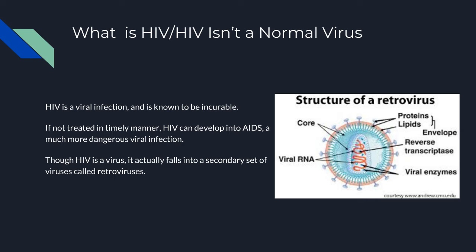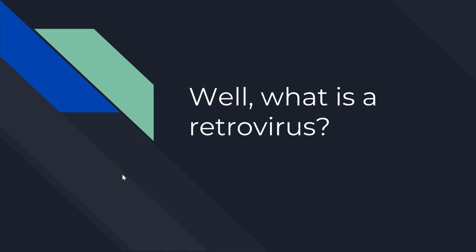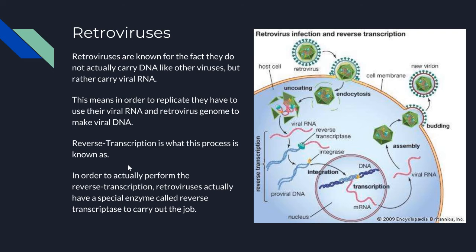Though yes, it is a virus, it actually falls into a secondary set of viruses called retroviruses. Now that I say that, you may be wondering, well, what is a retrovirus? Retroviruses are actually a secondary set of viruses that carry RNA rather than the DNA that most viruses carry.